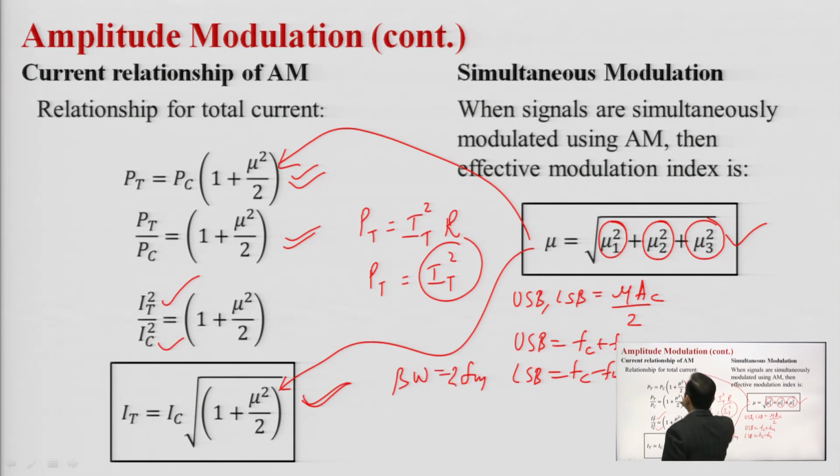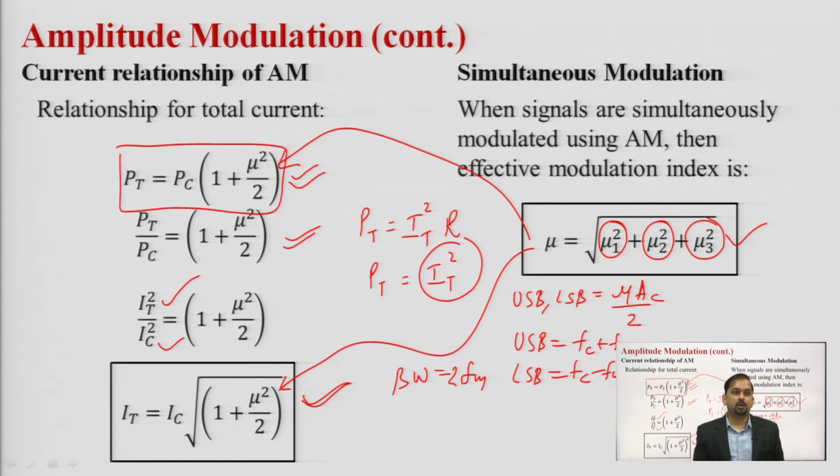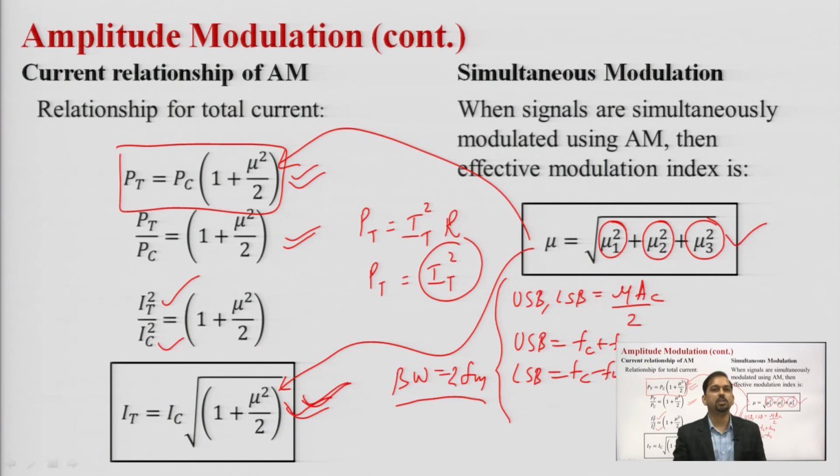We have seen the total transmitted power, which is Pt equals Pc times 1 plus mu square by 2, and we have seen the relationship for current also. So these formulas basically help in calculating the bandwidth, the upper sideband and lower sideband frequencies, the amplitude of the upper sideband and lower sideband, the current, and we can see the situation of simultaneous modulation also.